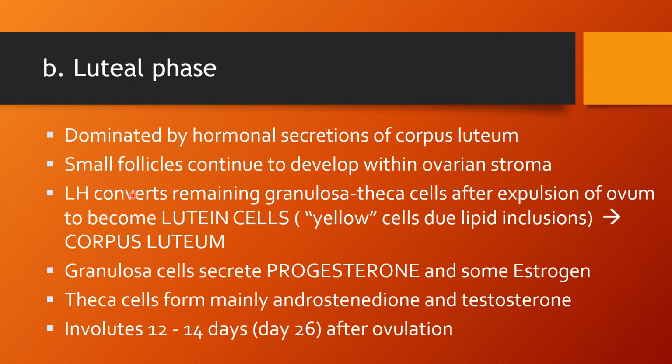Lutein cells are called yellow cells due to lipid inclusions, which will now develop into your corpus luteum. The granulosa cells will secrete progesterone and some estrogen, and the theca cells will form androstenedione and testosterone. Involution will take about 12 to 14 days after ovulation.